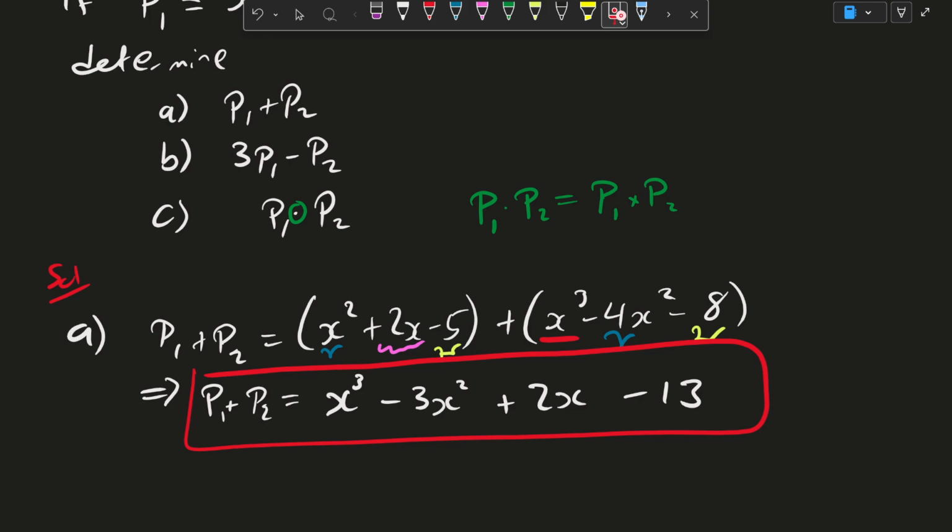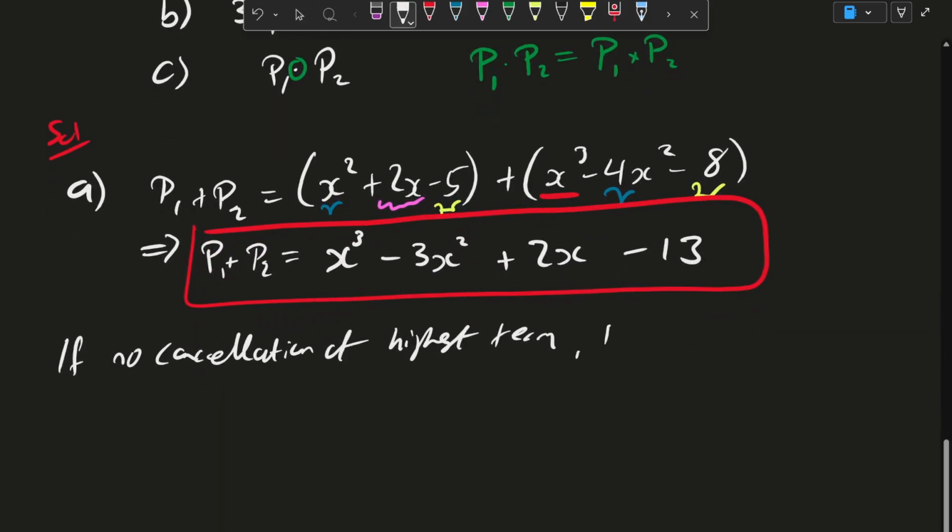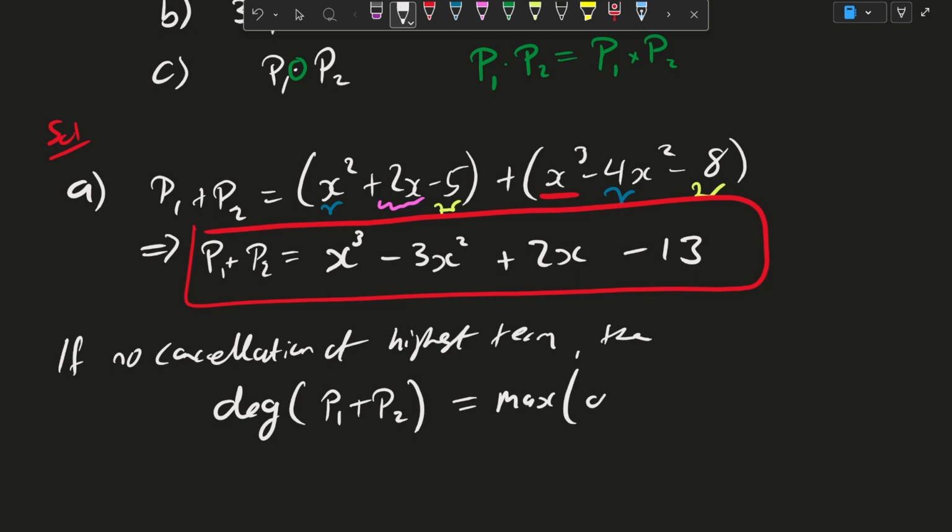But if there's no cancellation of the highest term, then the degree, which we write as deg, of p1 plus p2 is simply the maximum value of either the degree of p1 or the degree of p2, whichever one is larger. This also holds true for when we're subtracting them.